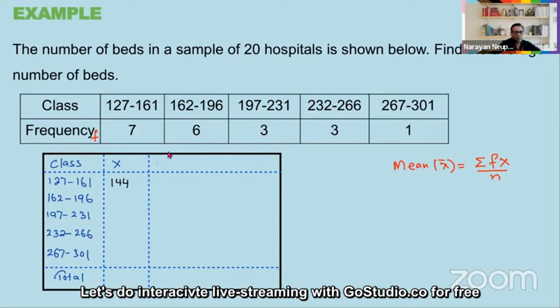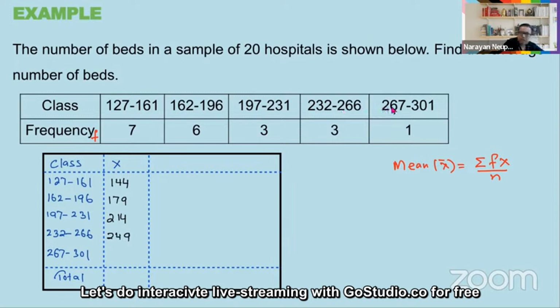Similarly, if we repeat the process, 162 plus 196 divided by 2 is 179. Make sure you check it. 197 plus 231, you find the sum, and then divided by 2, it will be 214. 232 plus 266 divided by 2 is 249.